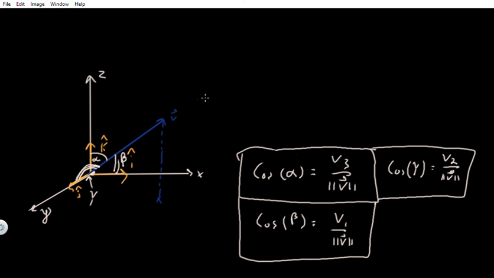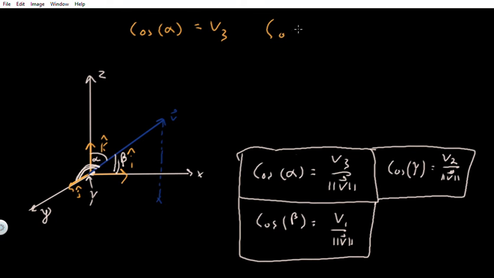Now, let's say vector v was actually a unit vector. Let's say v had magnitude of 1. So this would actually simplify. Now, cosine of alpha would now be, because this would actually be a 1, this would be a 1, and this would be a 1, in the case that vector v was a unit vector. So now, cosine of alpha would just be v3.